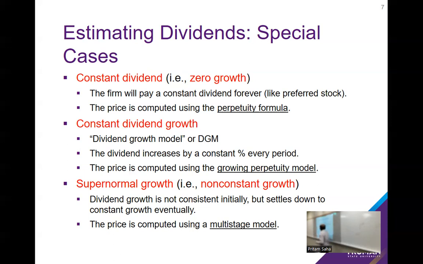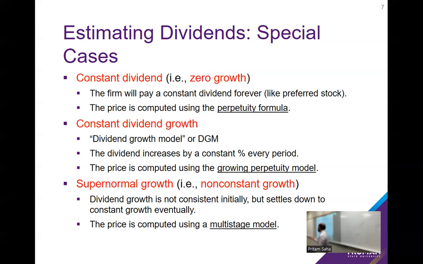The third is supernormal growth, non-constant growth, or what some people call multi-stage growth. It tells you dividend growth is not constant. In this kind of example, corporations tend to grow by a higher amount in the earlier years. There is no exact number for what we mean by earlier years.